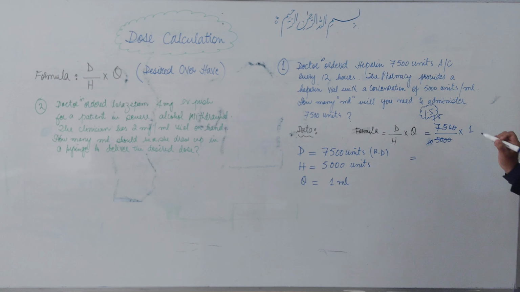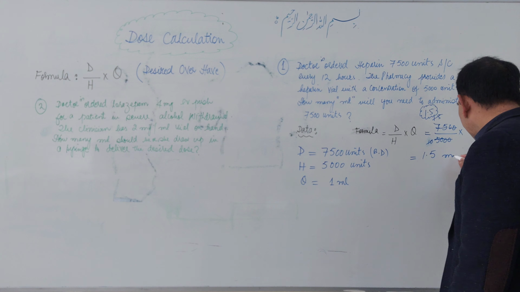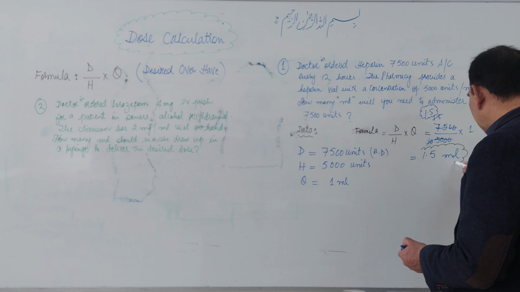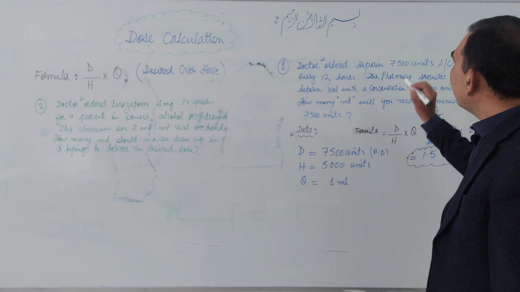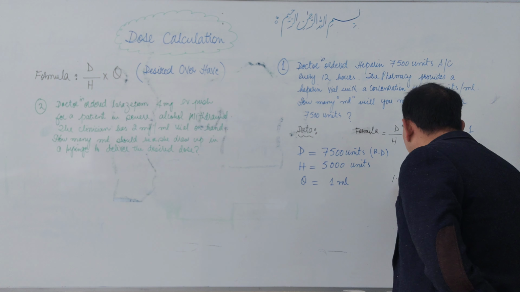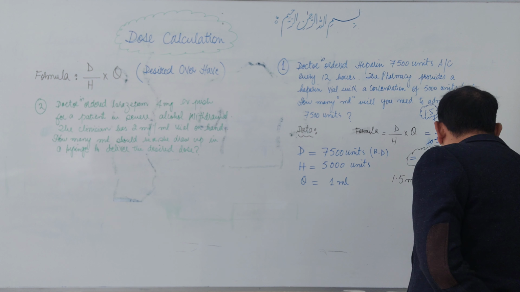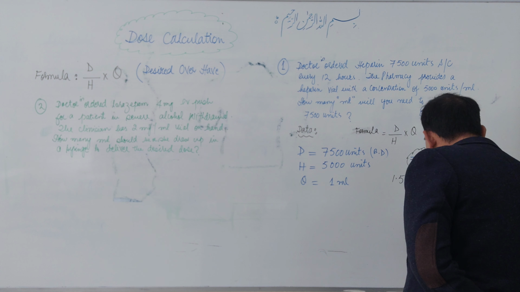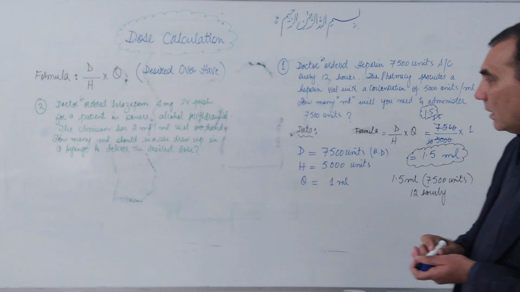Now we multiply 1.5 by 1, and it comes to 1.5. So 1.5 ml contains 7,500 units, and we will give it 12 hourly.